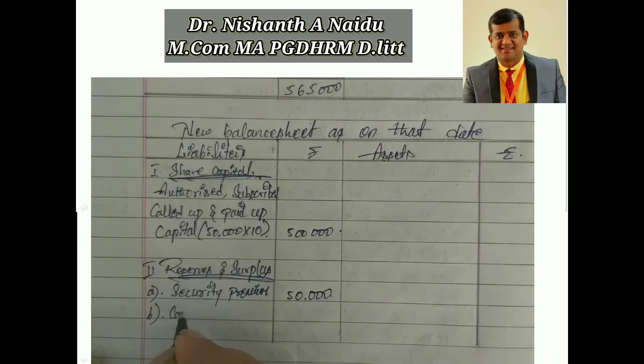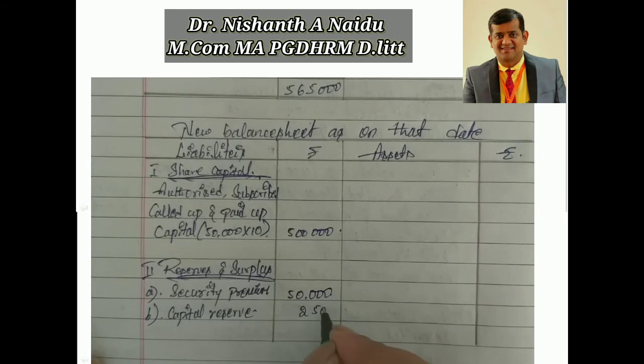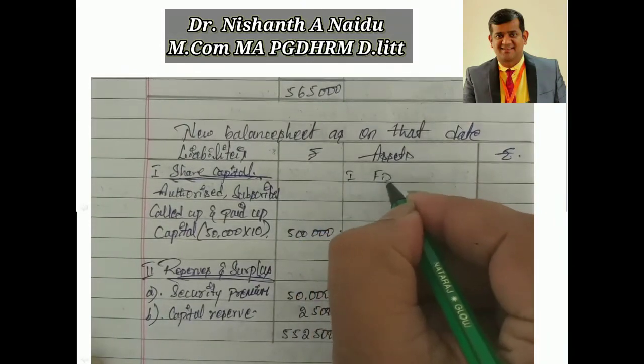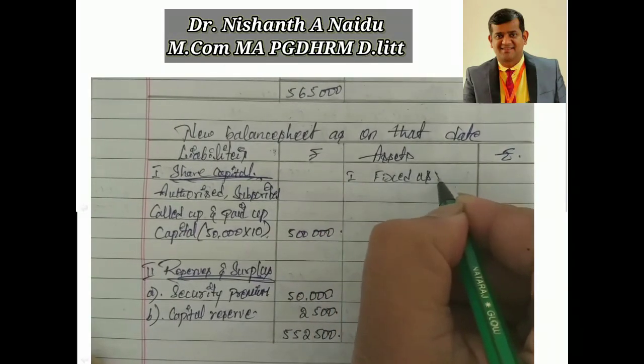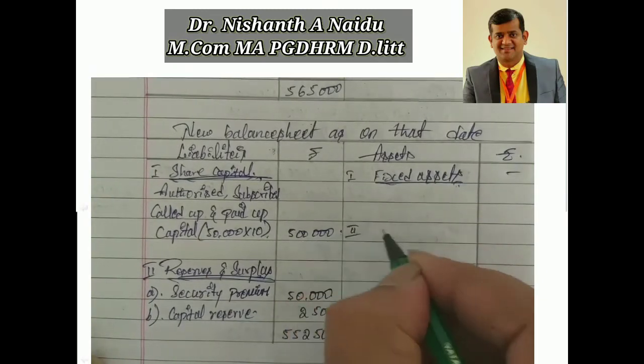B, capital reserve account, that is last journal entry. So how much I got? 2,500 rupees. So 5,52,500 is the total. So here do have any fixed assets? So no any fixed assets. Fixed assets is nil.